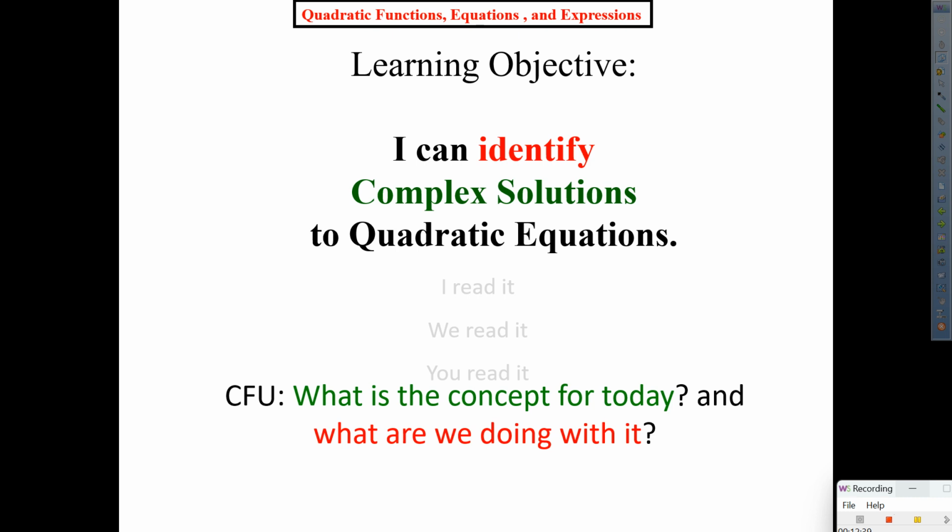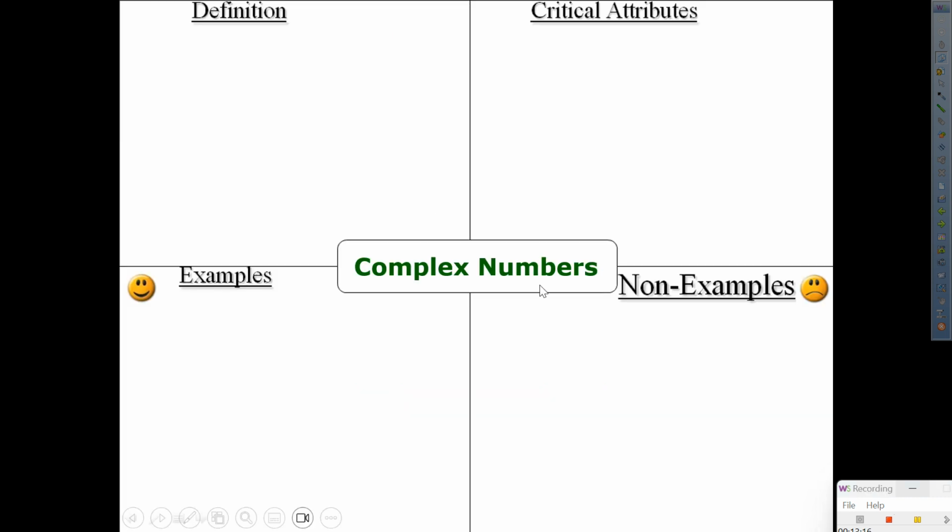Before I go to complex solutions, remind your neighbor what complex numbers are. Let's see.